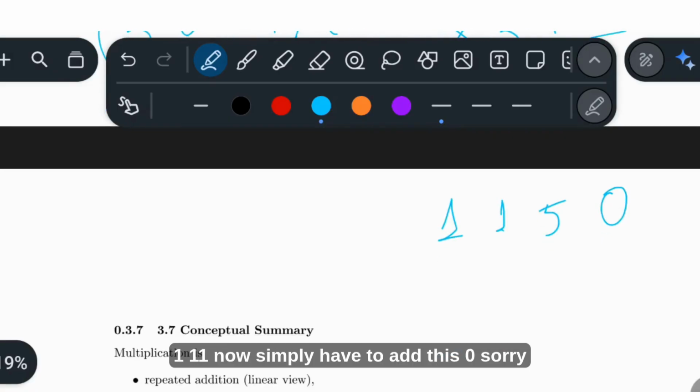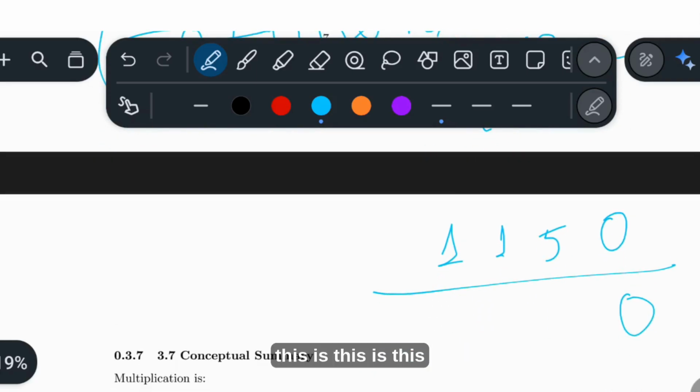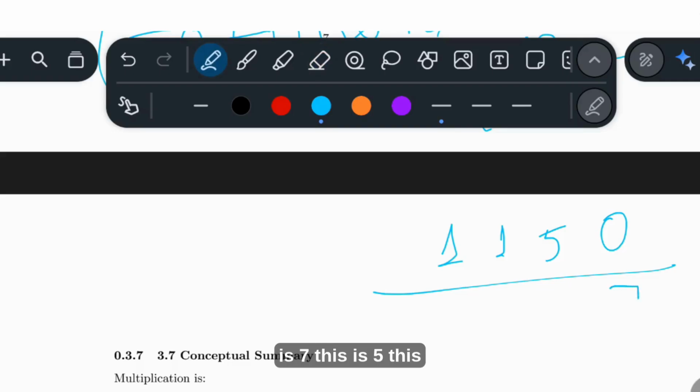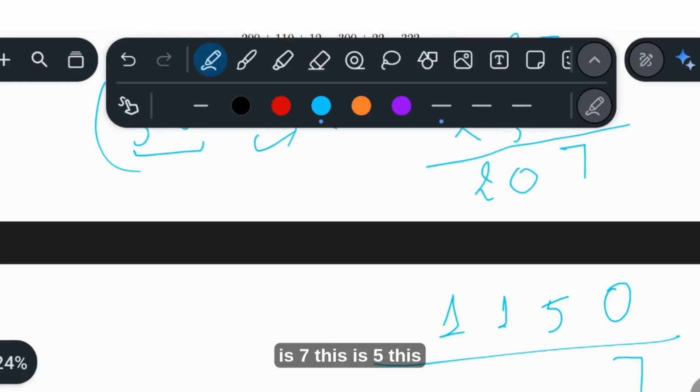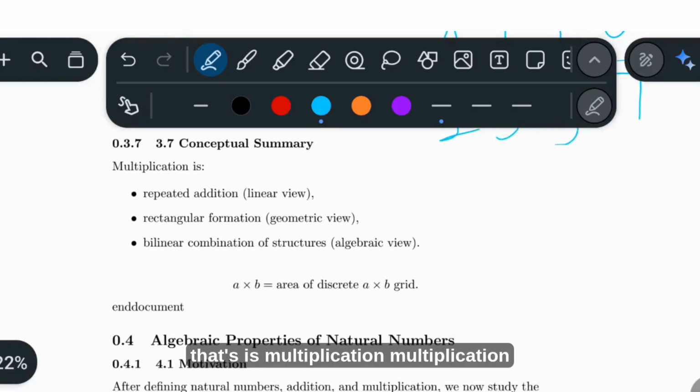Now simply you have to add: this is 7, this is 5, this is 3, this is 1. So that's the multiplication.